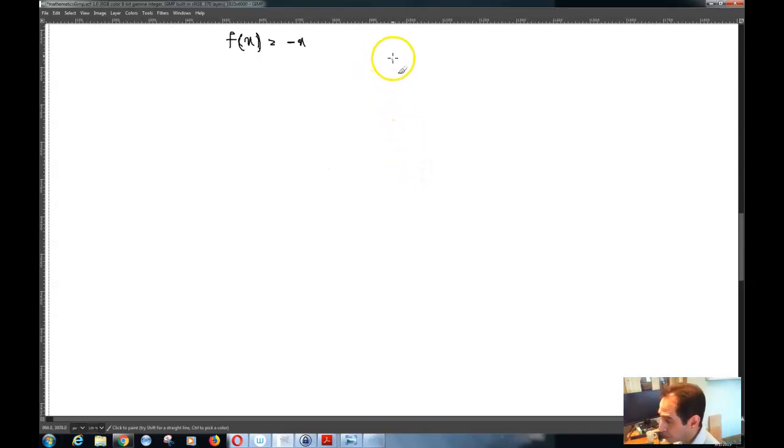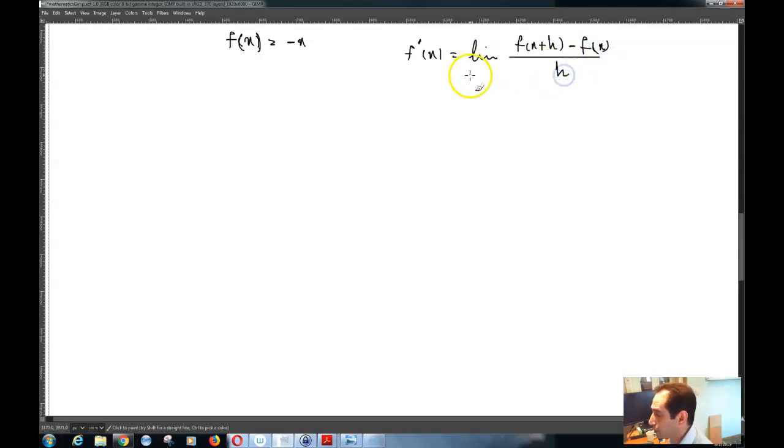So the first principle was basically we said that f prime of x is equal to the limit of f of x plus h minus f of x over h as h tends to 0.